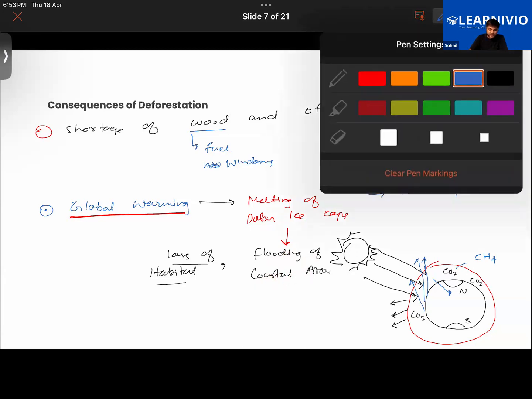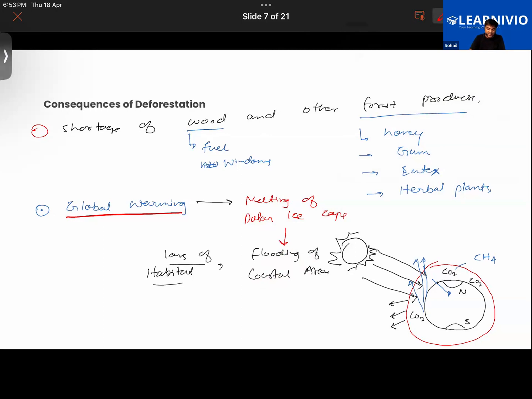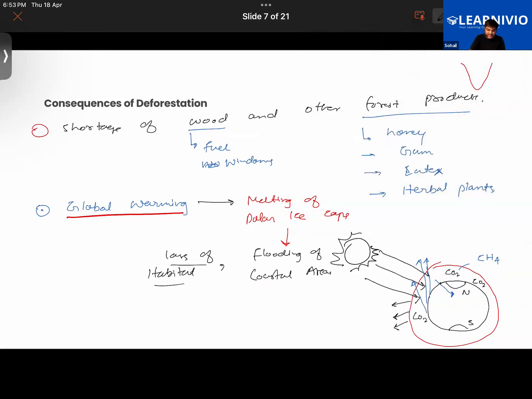Coastal areas are those areas where land meets a water body, particularly an ocean or a sea. That area is called coastal areas. Like here in India, let's say you have the Eastern Ghats and the Western Ghats, this part and this part of peninsular India. Talking about southern India, let's say this is southern India.